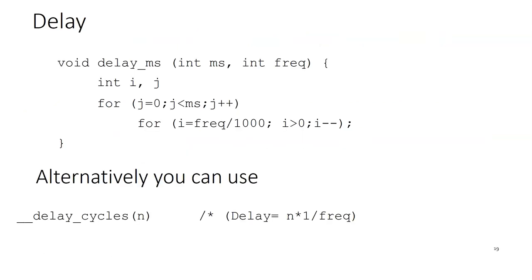Besides just doing a for loop, another alternative which I would recommend is an intrinsic C function which the compiler will interpret and generate a sequence of instructions, most likely also a loop, that has a delay for a given number of cycles. The delay that you want to incur would depend on the number of cycles that you want to delay and also the frequency that you're currently operating.